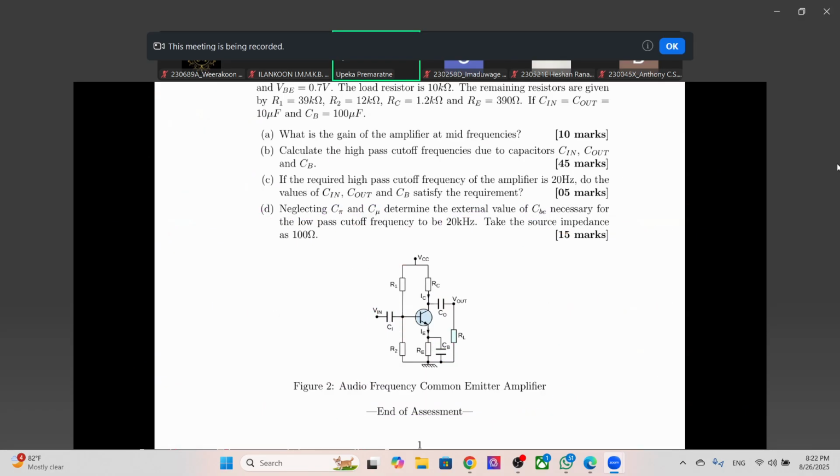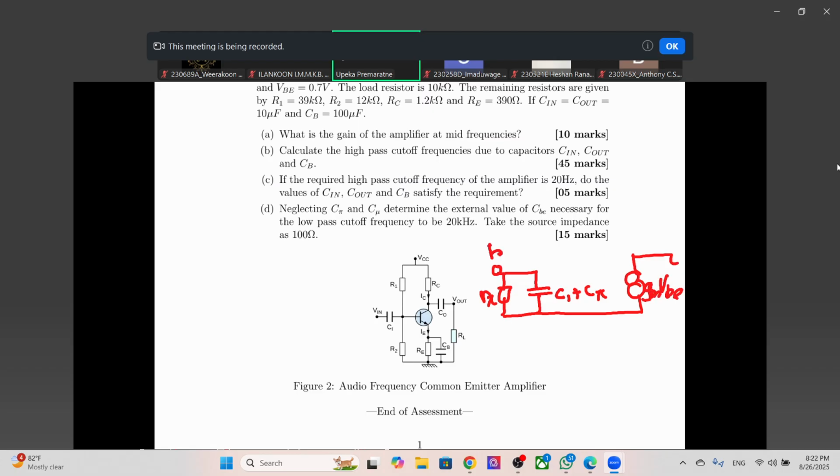So for this particular question, in the hybrid pi model, we have R pi, the input Miller capacitance plus C pi, and the current source gm VBE.